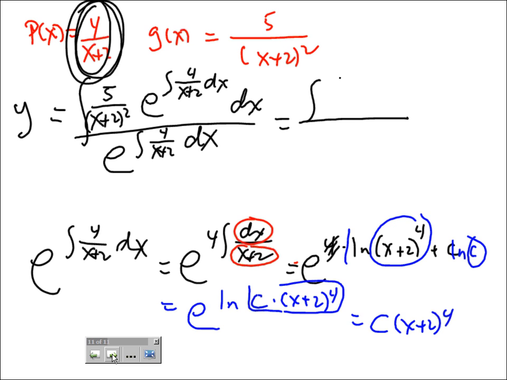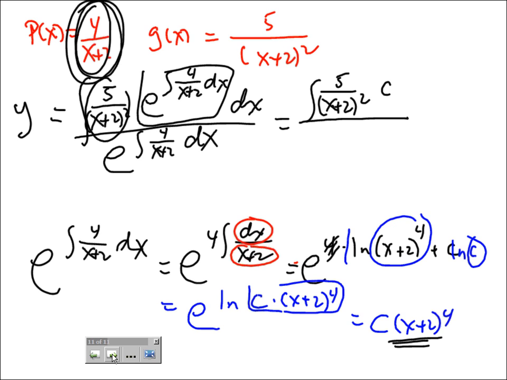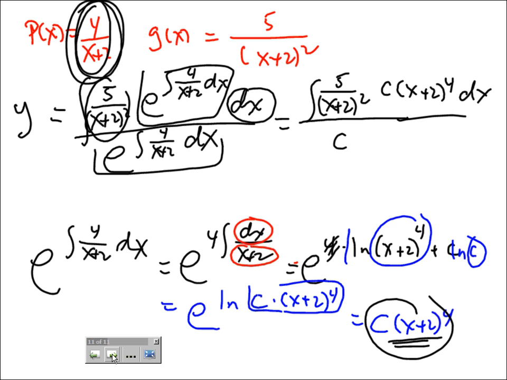It's the integral of 5 over (x + 2)², that's this, times this, which we just worked out. It's c times (x + 2)⁴ times dx. In the bottom, well, we just worked it out. It's c times (x + 2)⁴.